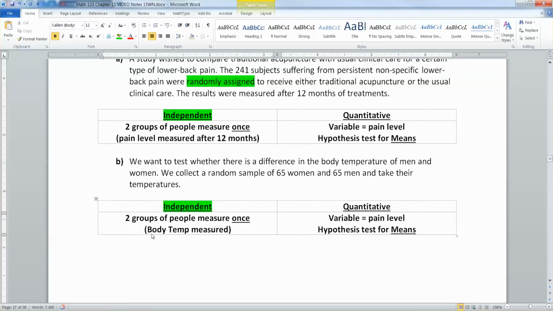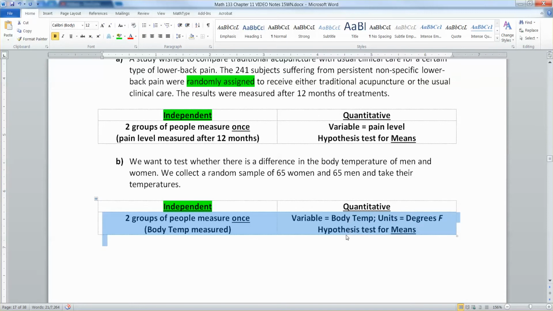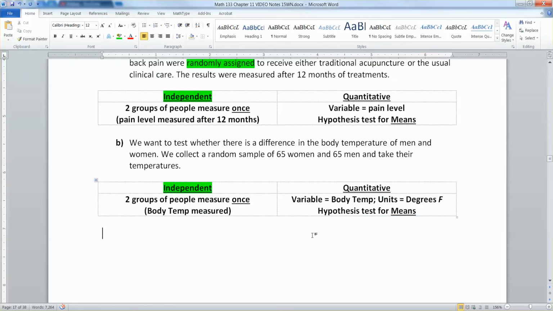And that is your quantitative variable right there. It's body temperature. The units for this case would probably be degrees Fahrenheit, right? If you're in America. If you're in Britain, it'll be degrees Celsius. All right, then that means again you're doing a hypothesis test for a mean because that variable is quantitative.